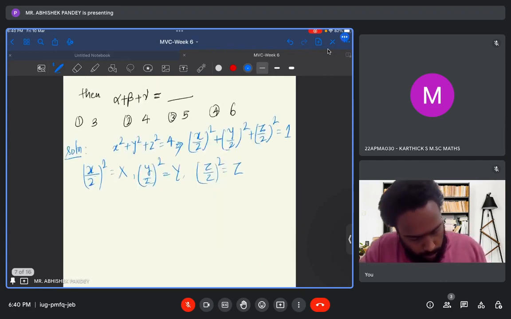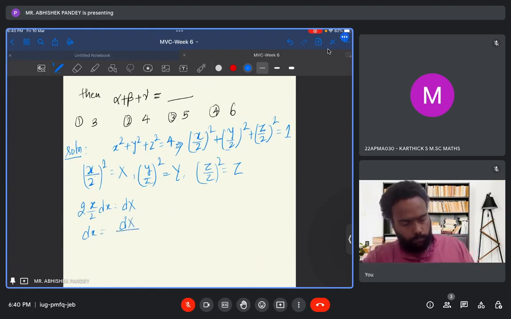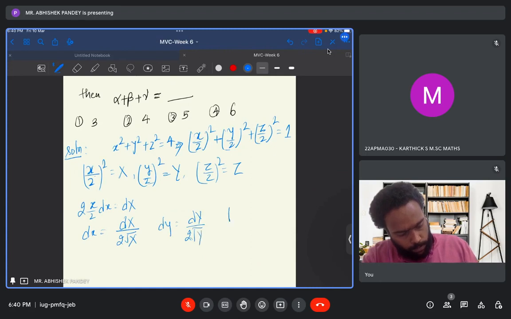Now what we will get is 2 times x by 2 dx equals dx. So this is basically dx equals dx by 2 root over x. Similarly dy is dy upon 2 root over y, and dz is dz by 2 root over z.